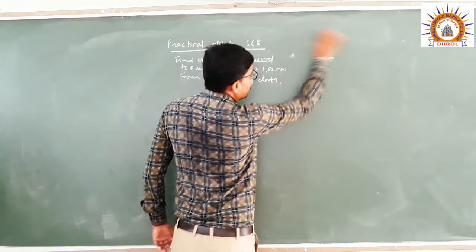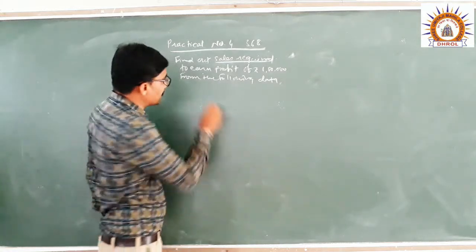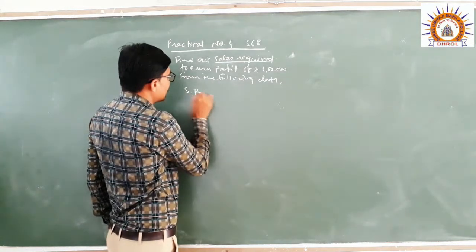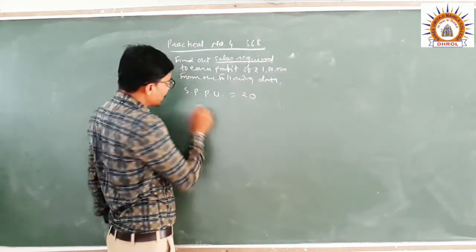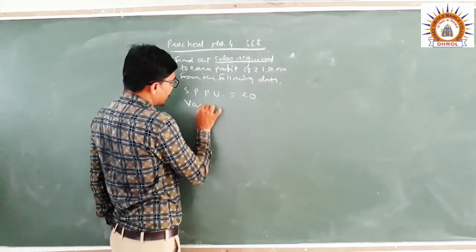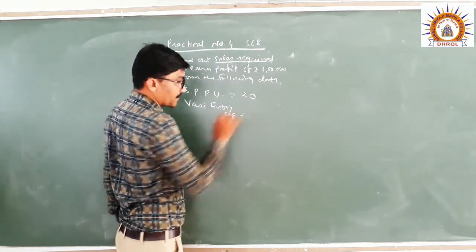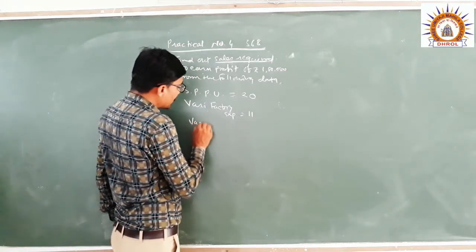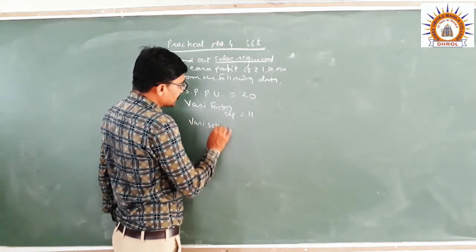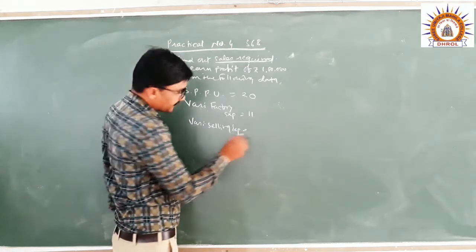So here the question is: the selling price per unit is equal to rupees 20. Variable factory expense is rupees 11. Variable selling expense is rupees 3.